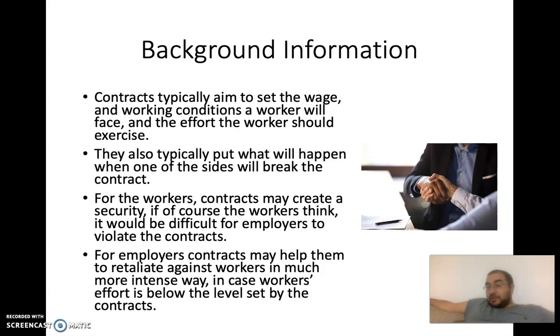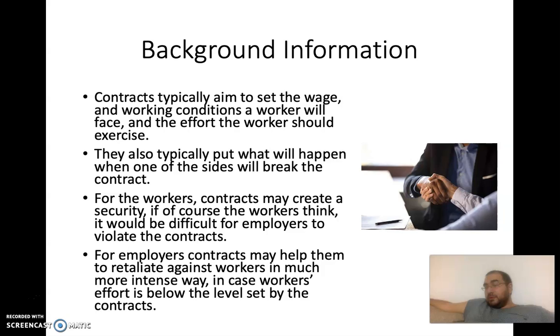If that's possible, then contracts that set the wage might also set the effort level workers should exercise. But in some cases, by the way, it might be difficult to connect effort to the productivity level.